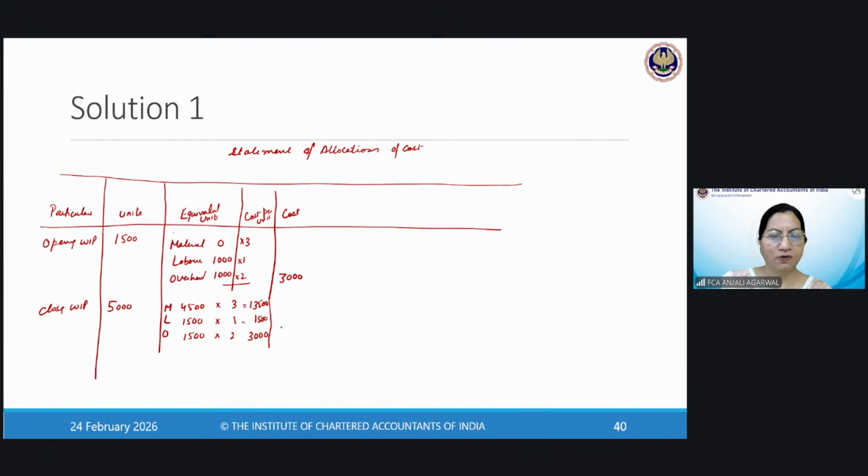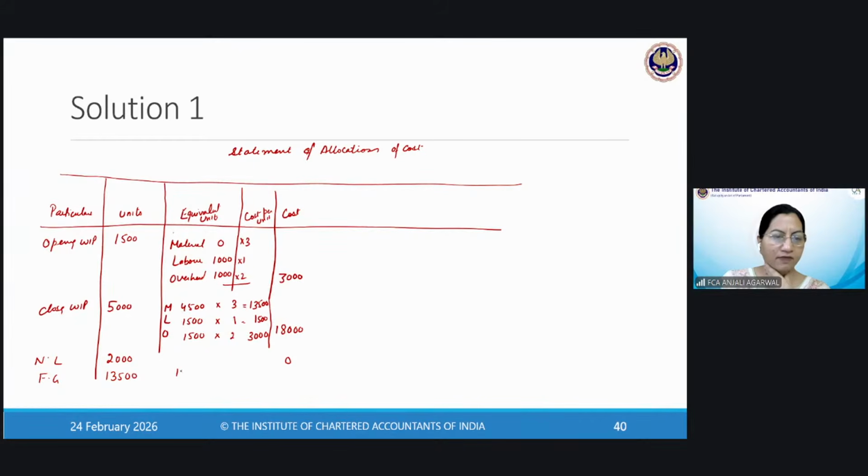So the closing stock cost becomes 18,000. Normal loss cost becomes simply 0 here. Finished goods cost becomes 13,500.